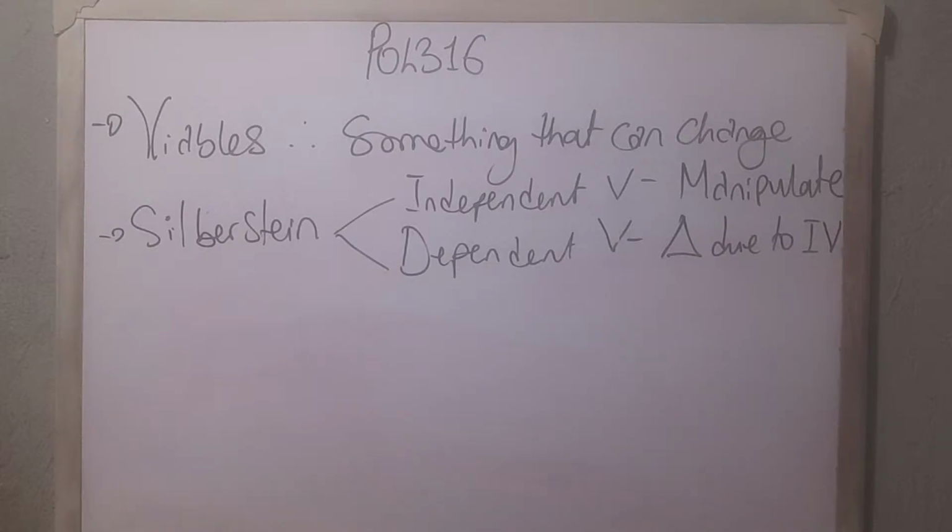Also, we have the controlled variable. These kinds of variables are the variables that scientists do not want to change.